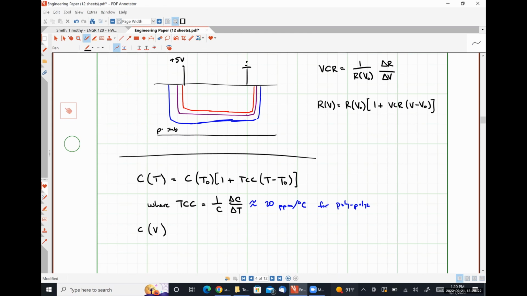capacitance as a function of voltage, which is again practically the exact same expression, with VCC times V minus V naught, where VCC, excuse me, is equal to 1 over C delta C by delta V. And this is approximately 10 parts per million per volt for poly to poly 2 capacitors.